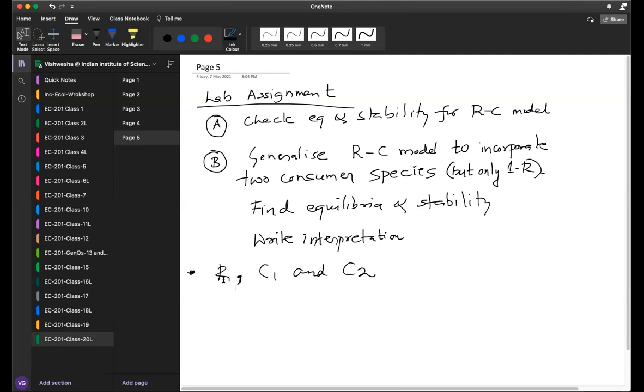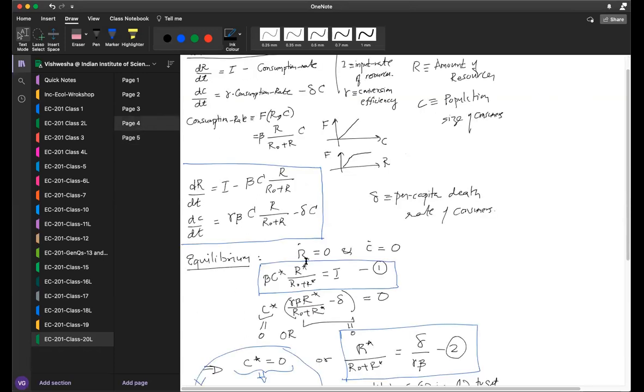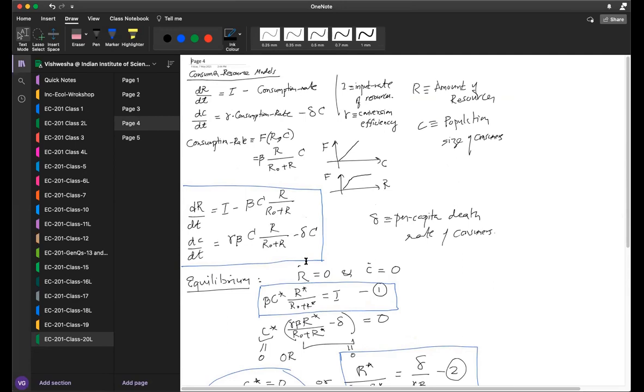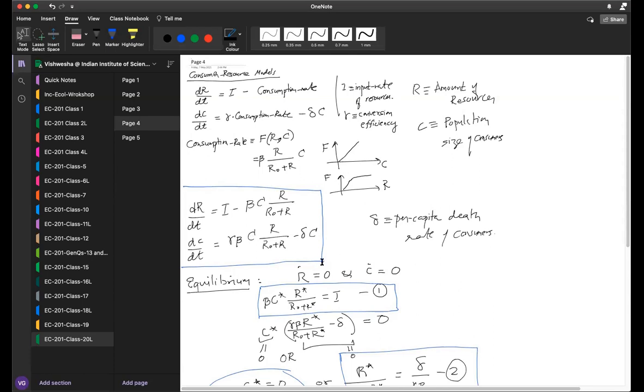In the Lotka-Volterra model, you did that because you did not have an explicit R there. You will also notice one interesting thing: if you simplify this model, it has all the features of a single species logistic model.